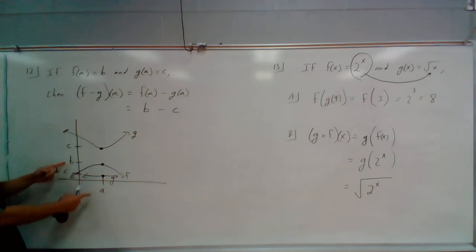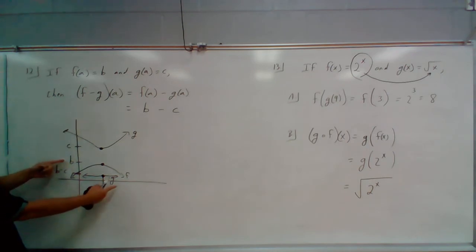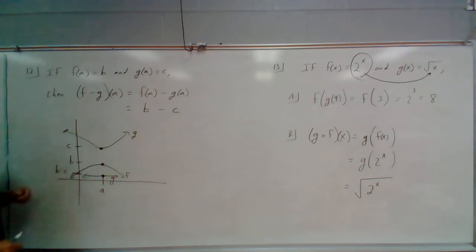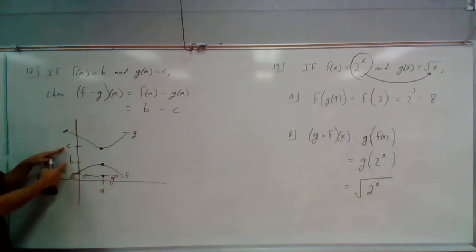So here we had f of a equal to b and g of a equal to c. The way I drew this graph, which is completely arbitrary, I just made it up, c is a bigger number than b.